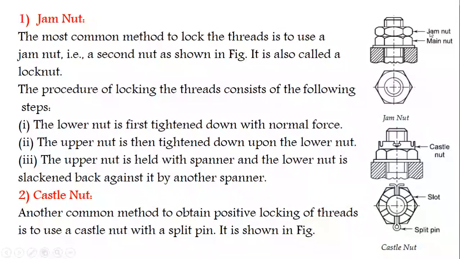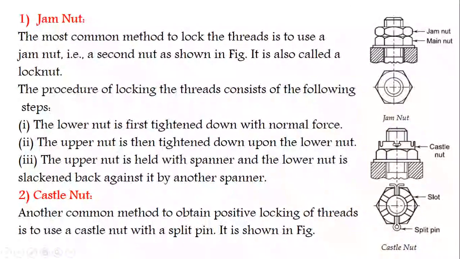The procedure of locking of threads consists of the following steps. The first one is the lower nut is first tightened down with a normal force. The second one is the upper nut is tightened down upon the lower nut.